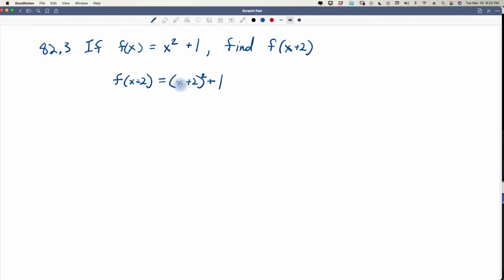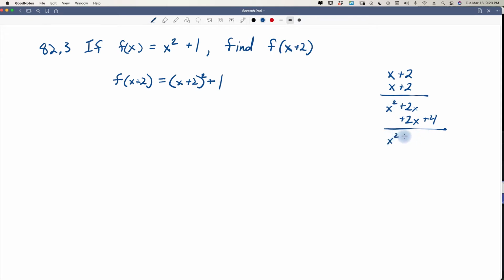So now we know how to do these. There's 2 ways that you can do these. You can do them like this, where you say x plus 2 over x plus 2, right? We say x times x is x squared, and x times 2 is plus 2x. And then we switch sides, we say 2x and plus 4. And then we combine it.